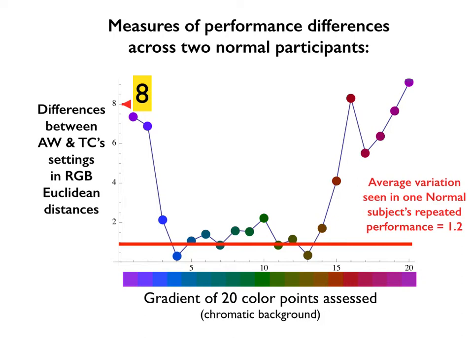This average variation in repeated measure performance for a single subject was observed as about 1.2 units of Euclidean distance. This 1.2 units gives us a sort of a baseline of how much variation one would expect to see between an individual running an experiment from one time to another.